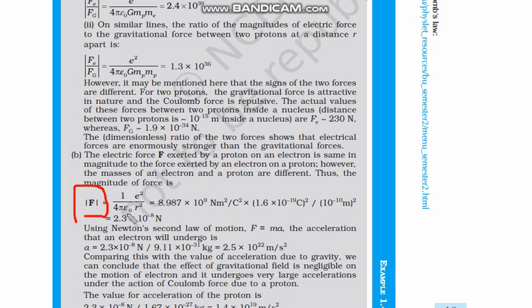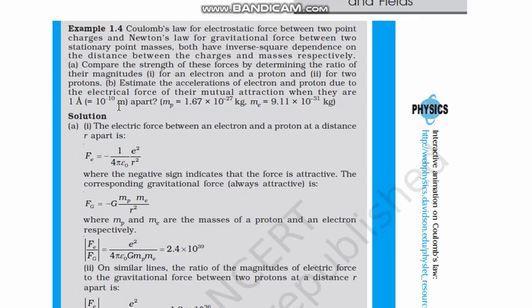So F is 1 upon 4 pi epsilon naught, e square upon distance r square, from the first equation. So now let us calculate this. r has already been given to us as 1 angstrom in this question.